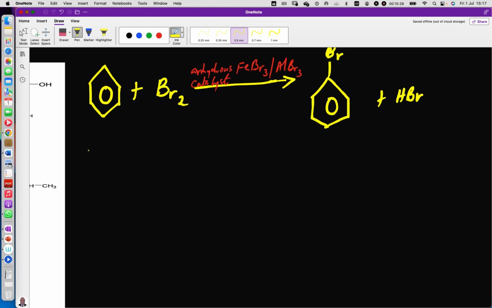We will have a bromine molecule, and the iron 3 bromide. See how the electrophile is being produced. The electrophile here is this one plus the complex ion.